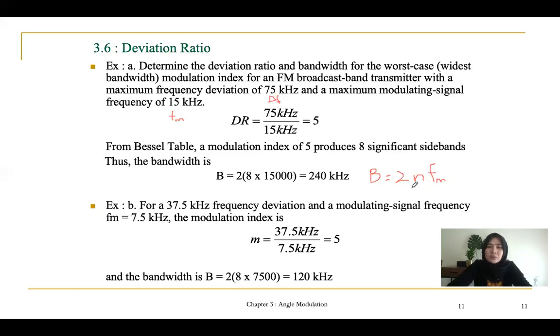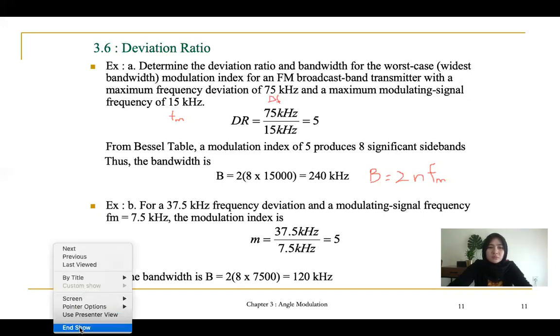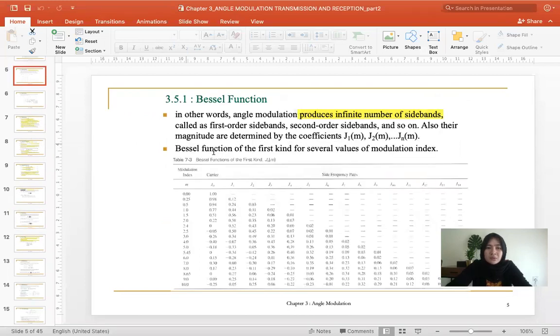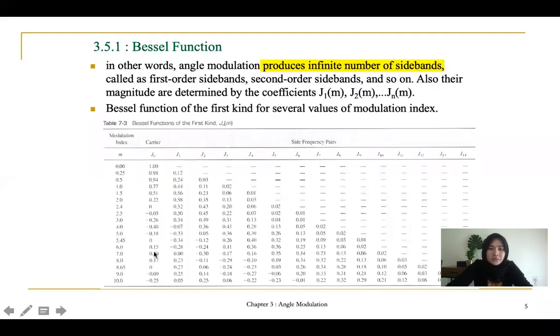Now you need to determine the number of significant sidebands using the Bessel table. Let's look at the Bessel table. For n equals 5, you have J1, J2, J3, J4, J5, J6, J7, and J8.